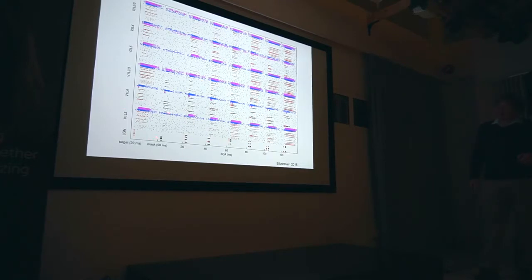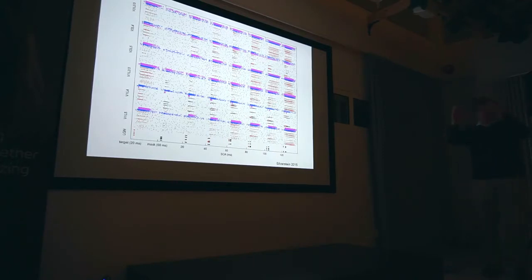When a mask is presented, it blocks the activation of the target until the interval called the SOA between the presentation of the target and the mask increases until at some point there's enough time that the recurrence within the network can activate other neurons and then cause the pattern to complete.